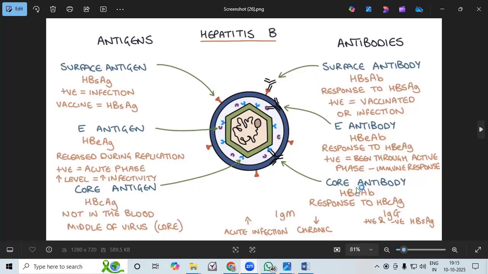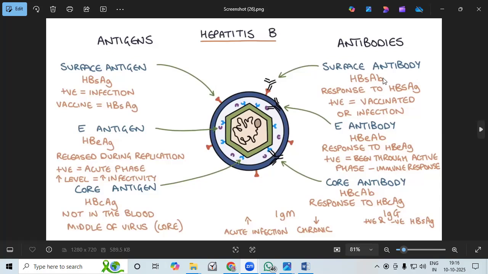Now, when does this core antibody form? There are two types. One, there is IgM, which is less than 6 months. IgM implies that the virus is still in an acute phase. And IgG will imply that the virus is in chronic phase. Is this clear?